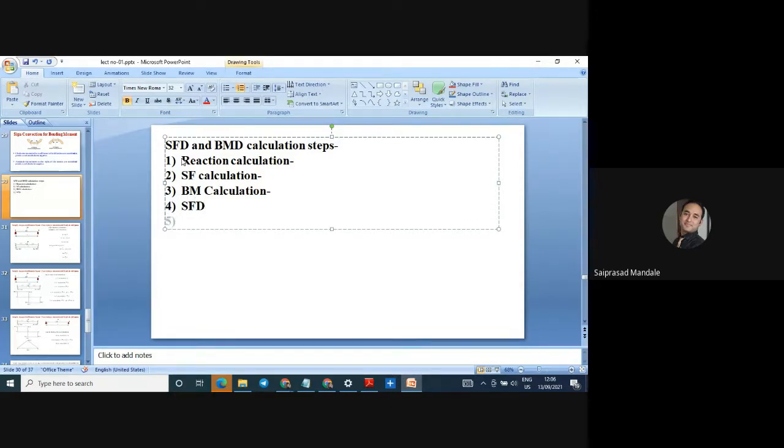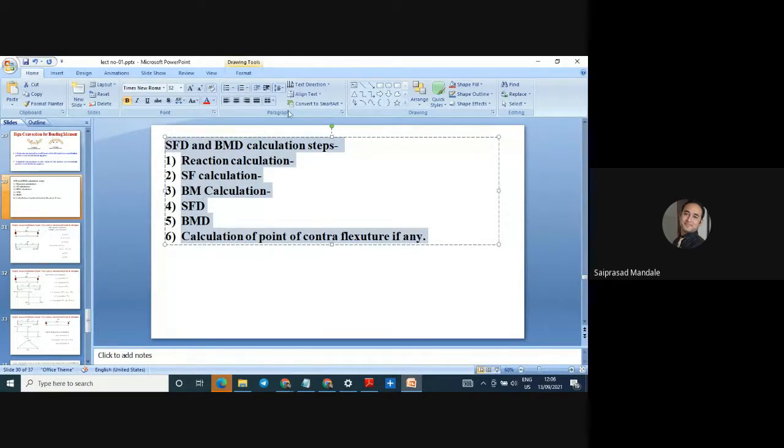Then BMD, bending moment drawing. And the next step is calculation of point of contraflexure, if any. So this complete unit will revolve around only these 6 steps.